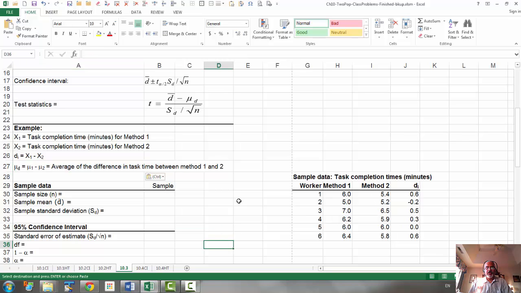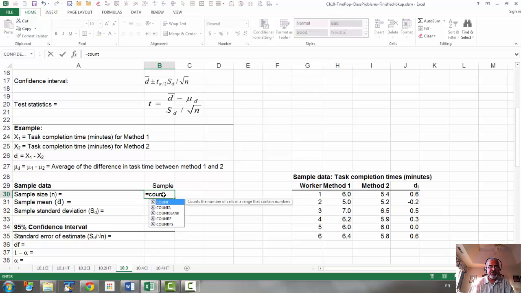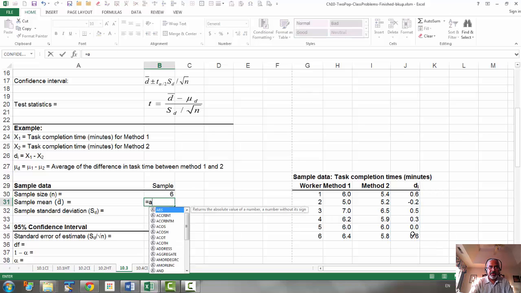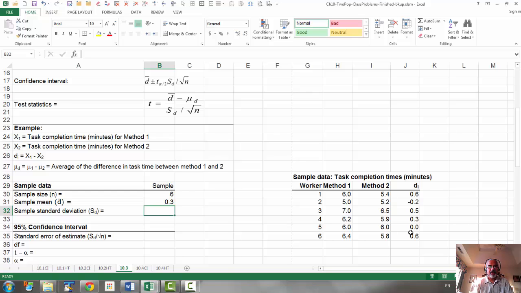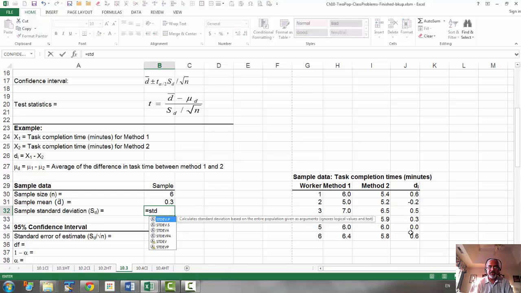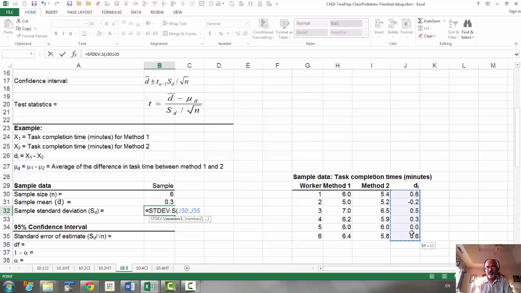Okay. So now we can set up the sample statistics. Sample size is the count of that. Then sample mean is the average of these differences. And sample standard deviation is STDEV.S of these differences.